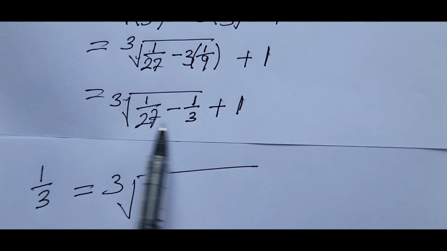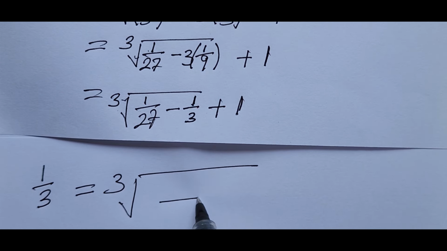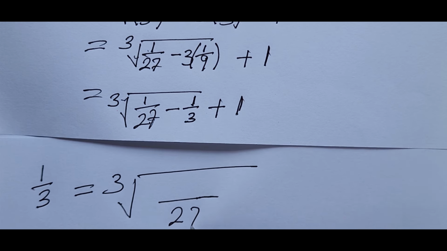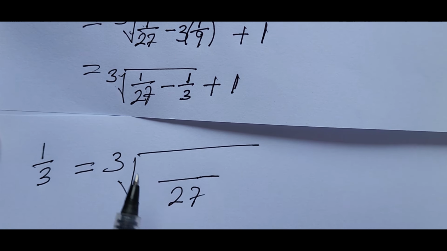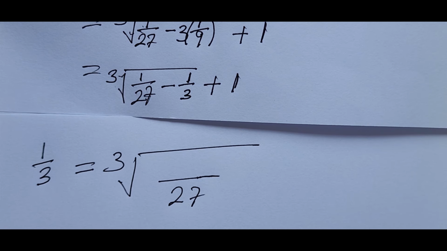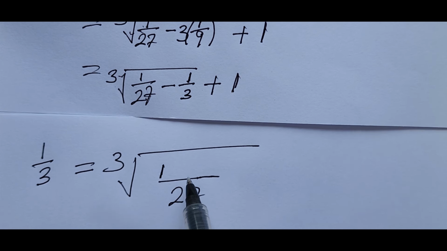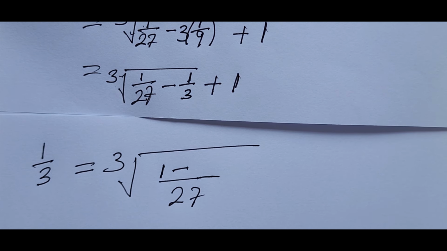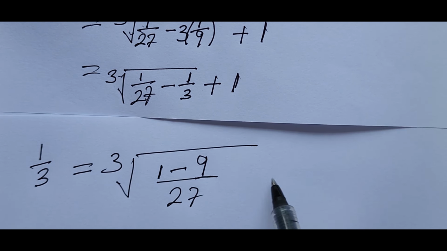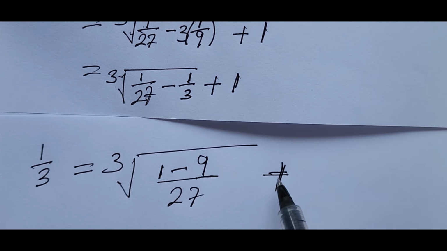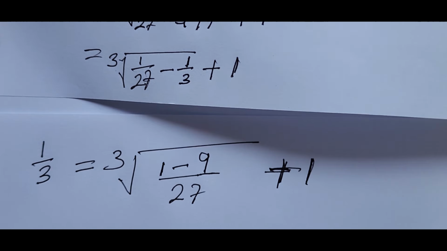So we can find the LCM of everything here. The LCM is 27, right? 27 to 27 gives us 1, 1 times 1 gives 1. Then minus 3 to 27 gives 9, 9 times 1 gives 9. So we have 9 here, plus the 1 outside here, right?